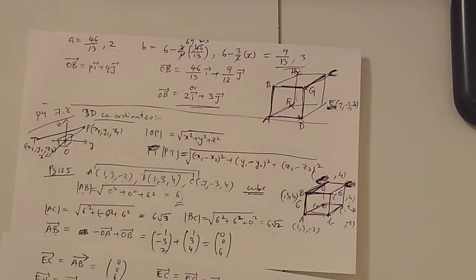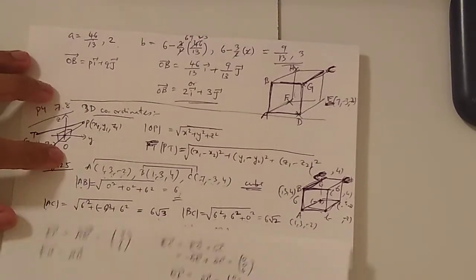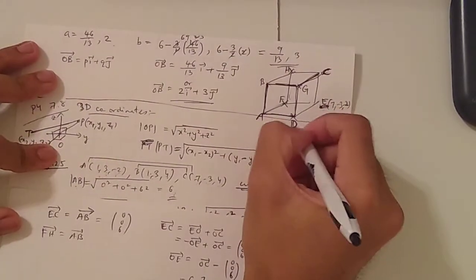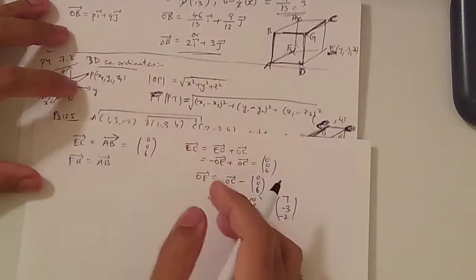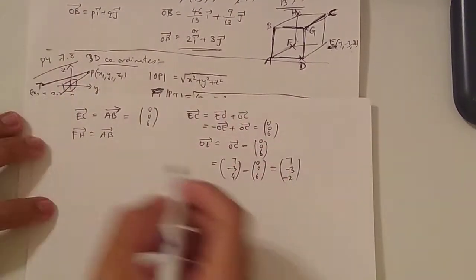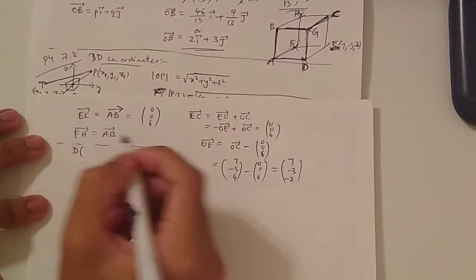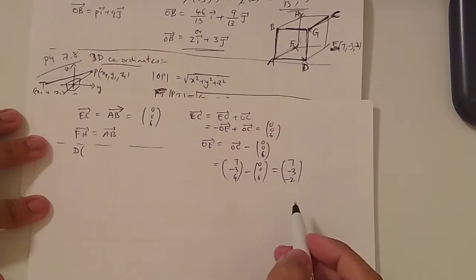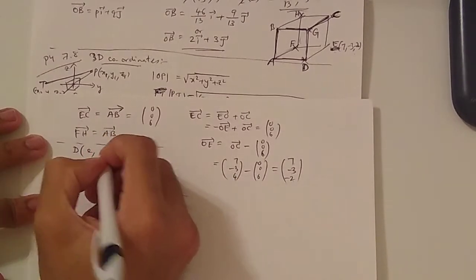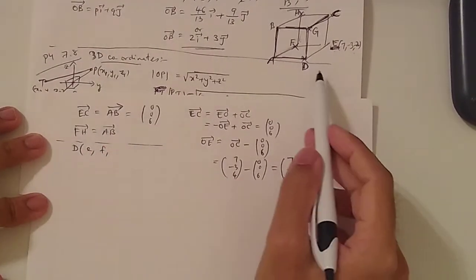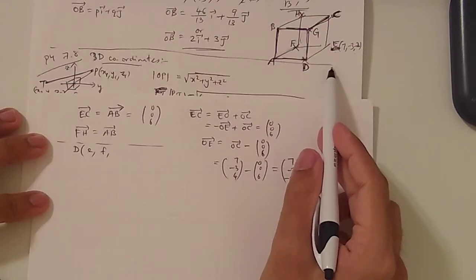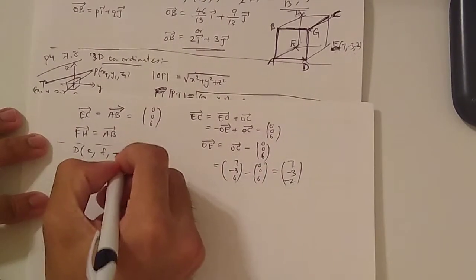Now let's consider point D over here. Since from our pattern we can see that D has coordinates, let's give it some random coordinates E, F, and we do know that the z coordinate is minus 2.